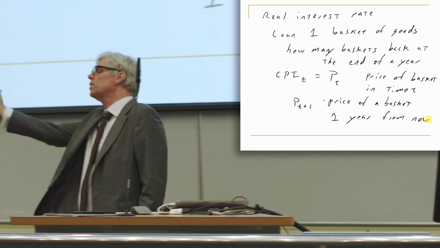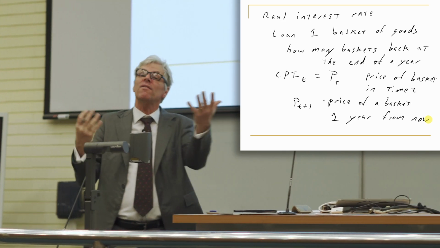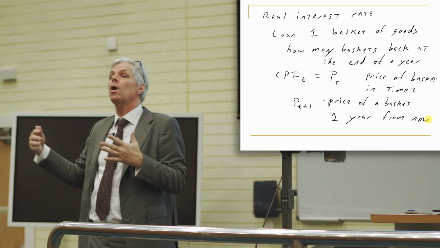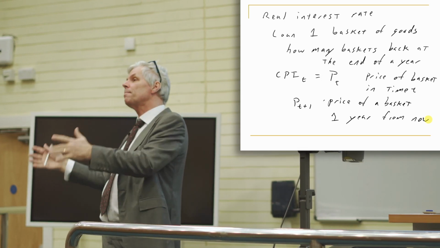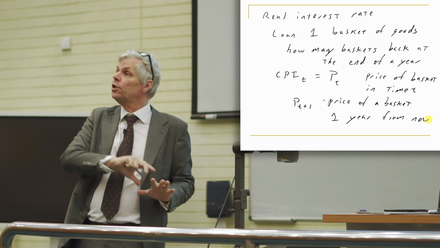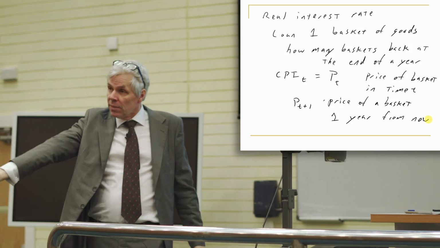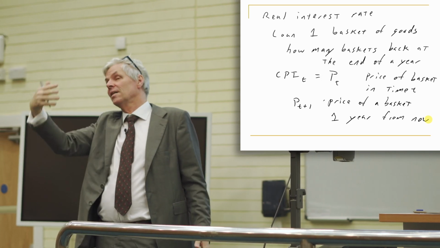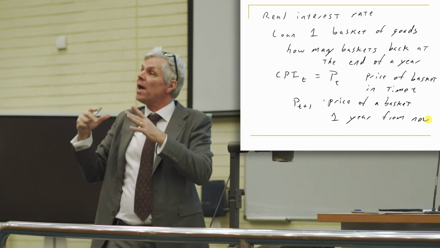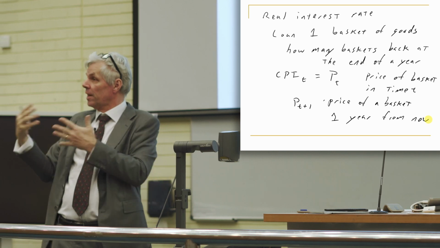And so we're wondering, if we loan this basket, how much do we get back at the end? Right? And now we have a price of a basket, because in real life, we can't loan a basket of goods. But what we can do is take that basket of goods, notionally sell it, use that to buy euros, loan the euros to somebody, and then when we get the money back, convert it back into stuff, use the money to buy stuff.